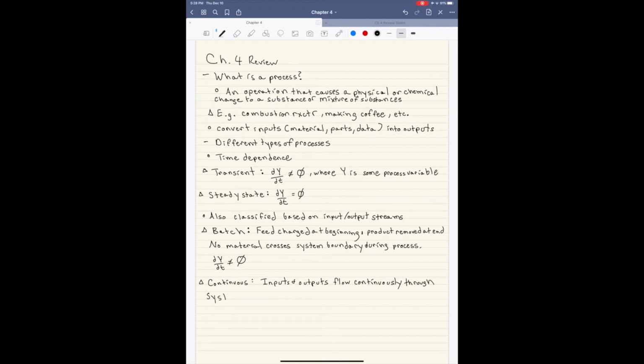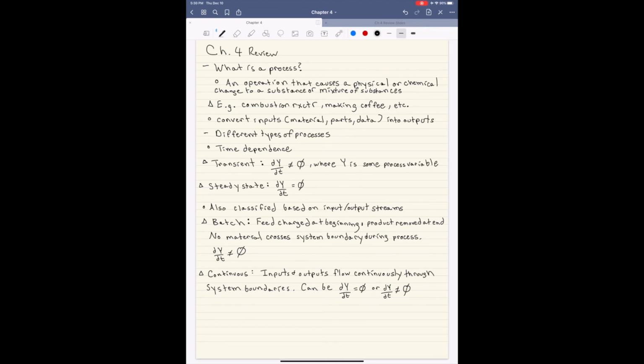With a continuous process, they can be steady state, so dy/dt = 0, but they could also be unsteady state as well. So it just depends on the context of the process.